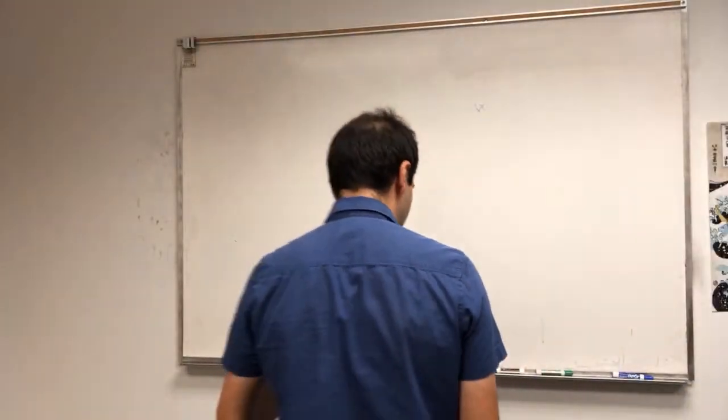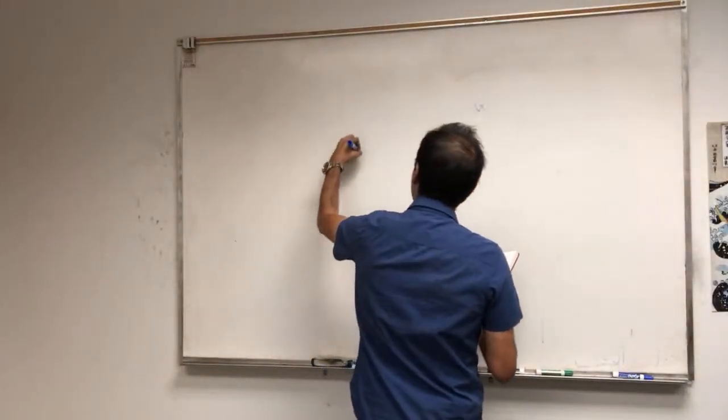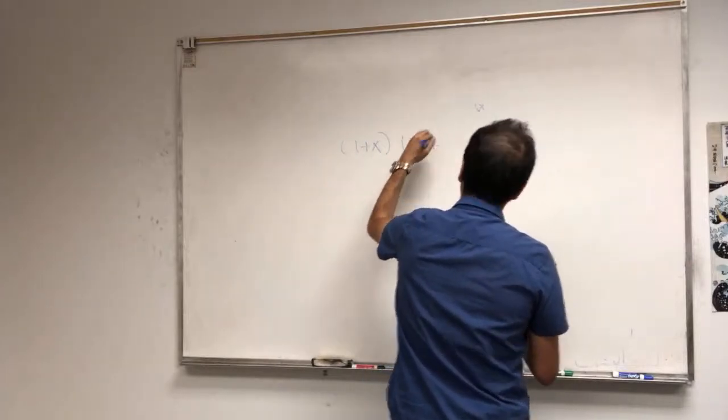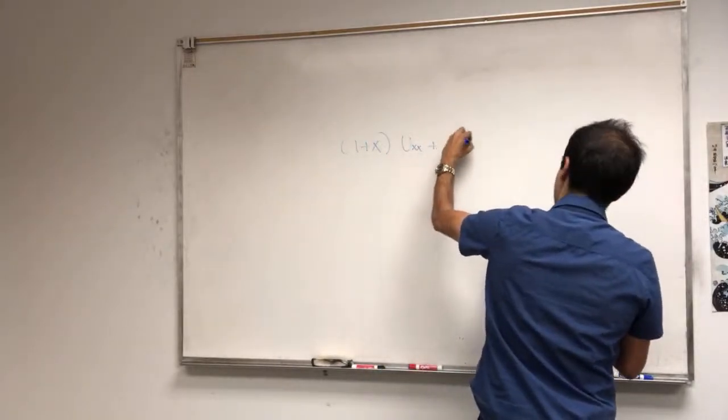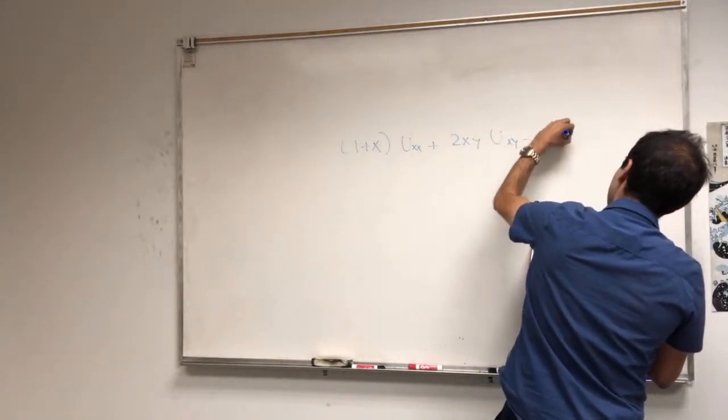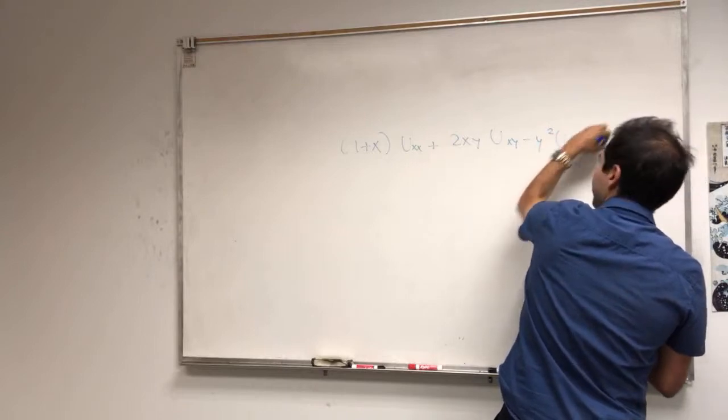So just find the regions where this equation is elliptic, hyperbolic, or parabolic: (1 + x)u_xx + 2xy u_xy - y^2 u_yy = 0.